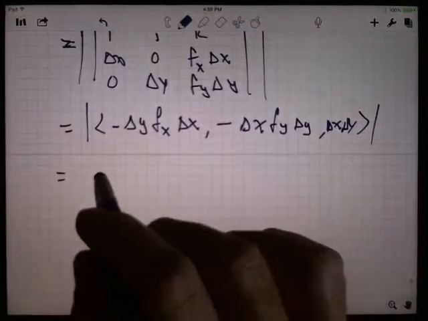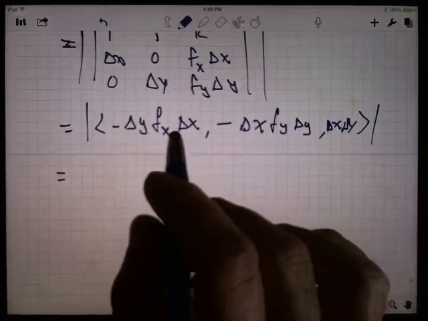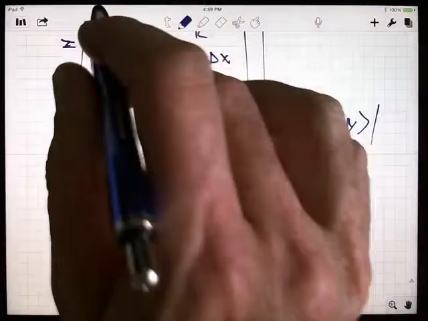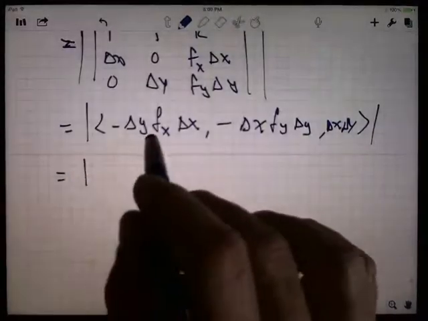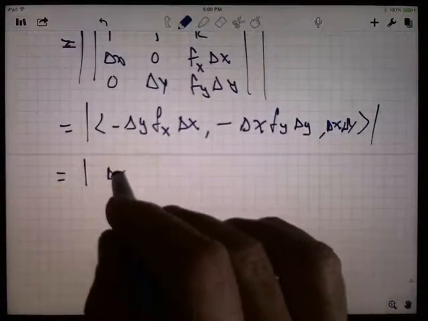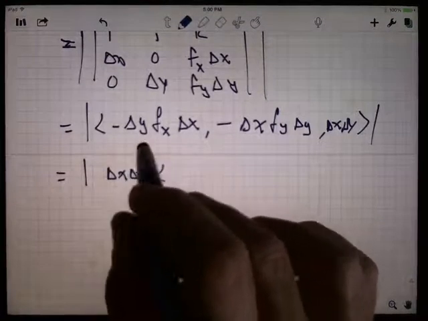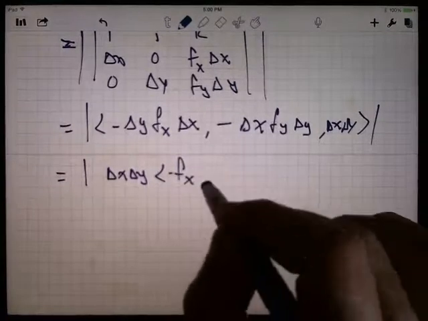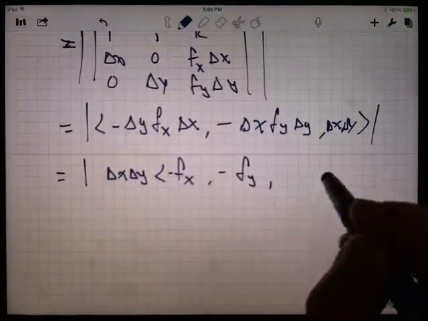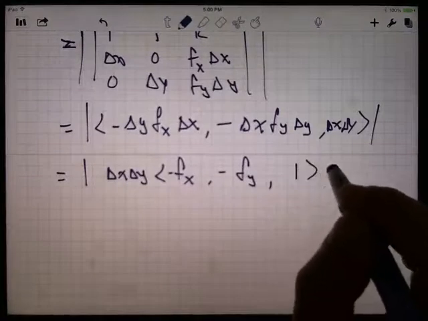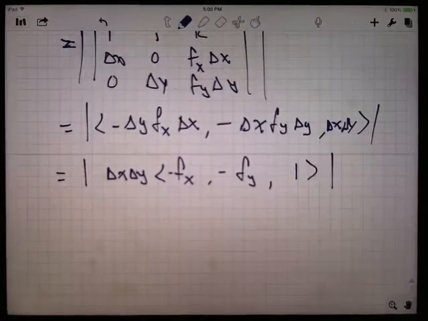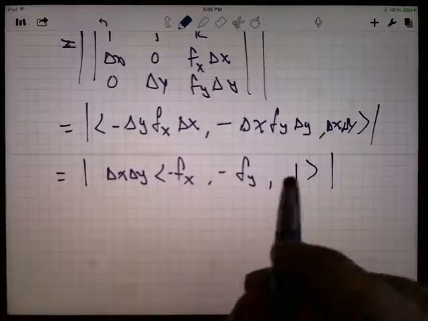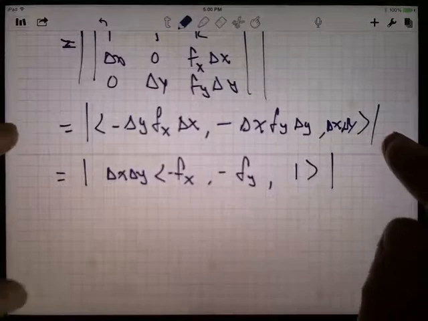Okay, here we go. Let's see. So I've got the square root of, actually before I do that, I'm going to notice that I've got a factor of delta x times delta y in each of the components here. So I'm just going to rewrite this way, minus the partial of f with respect to x, minus the partial of f with respect to y, comma 1. Actually, if you remember anything about Calc 3, this vector right here is a normal vector to the tangent plane.